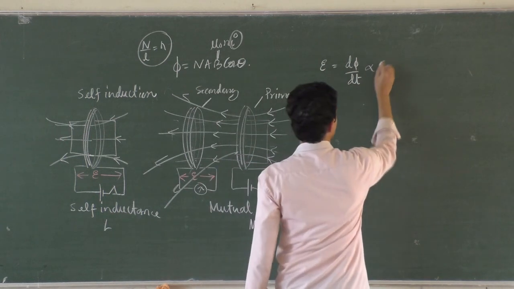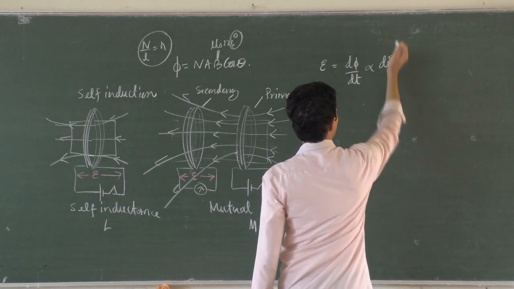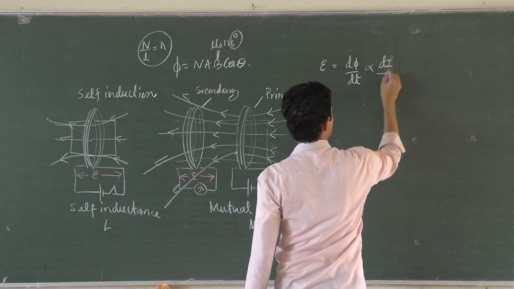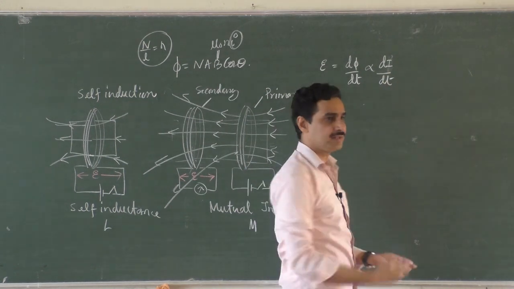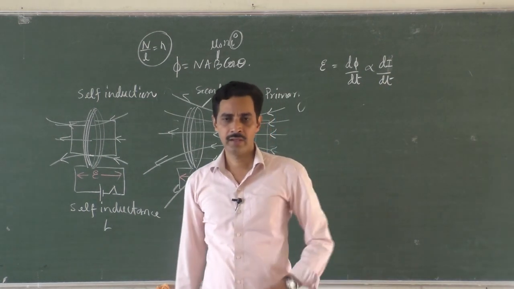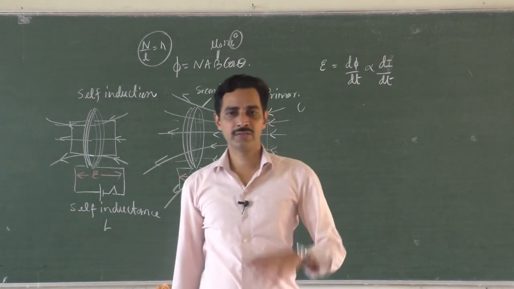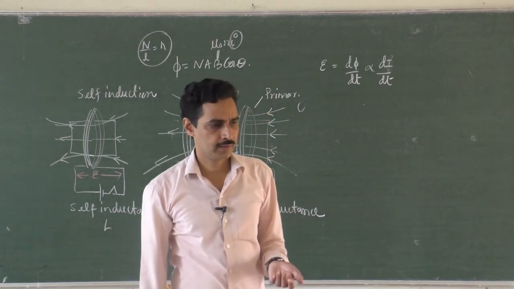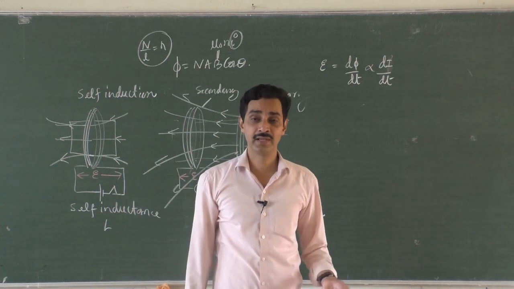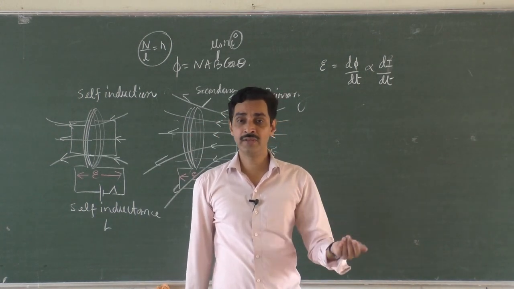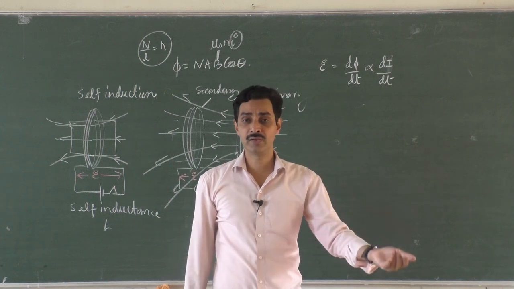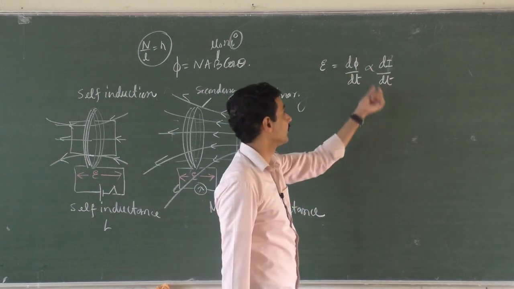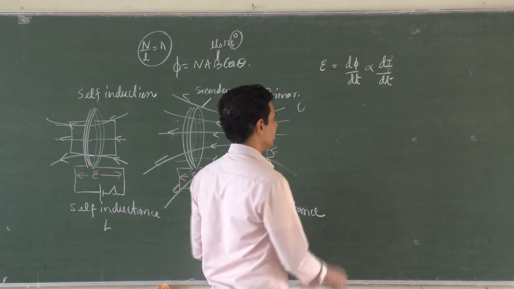So shall I write it as dI by dt? Okay, I can use capital I, dI by dt. So rate of change of flux depends on rate of change of current, because flux is magnetic field per unit area. Flux is the number of magnetic field lines per unit area. So once the magnetic field decides the flux, the magnetic field is controlled by current. So rate of change of current decides the rate of change of magnetic flux.